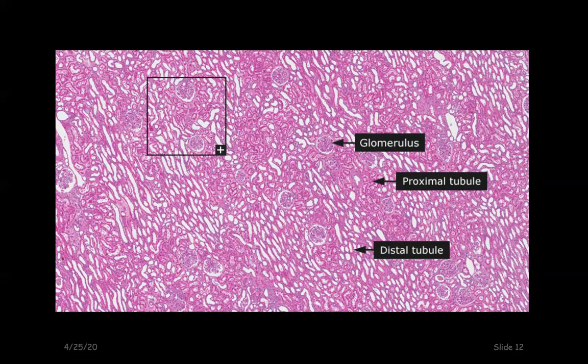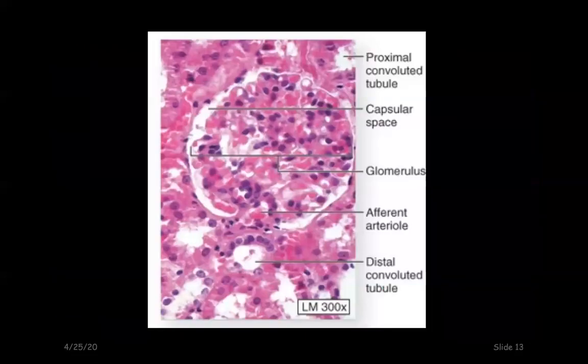If we get a little bit closer, now we're under 300 times. And you can see, again, in the middle, the glomerulus, that tuft of capillaries. And that's everything in here. You won't be able to distinguish the podocytes, that visceral layer of the capsule. You'll see the capsular space, that halo around the glomerulus.